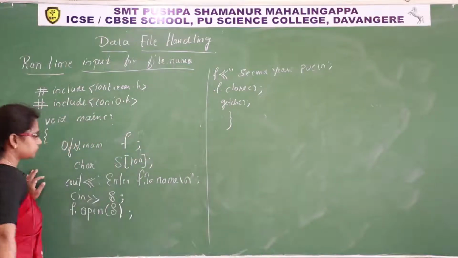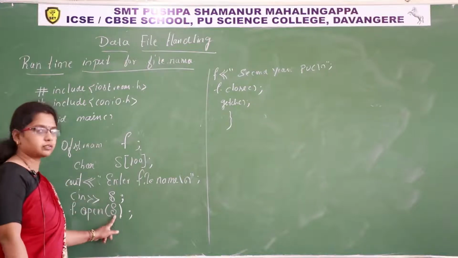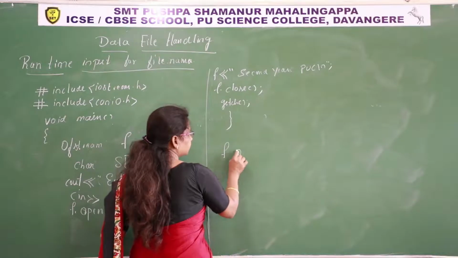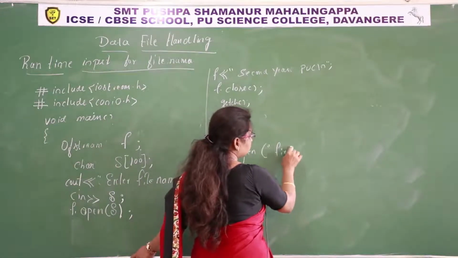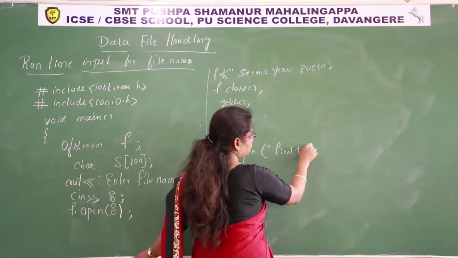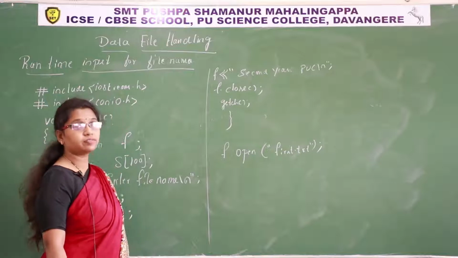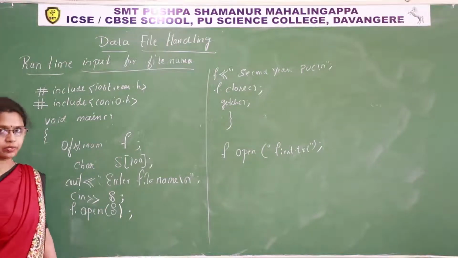See here, in the previous examples we had taken the file name directly. I hope you remember how we had taken it there. f dot open parenthesis, for example first dot txt, isn't it? Directly I had given the file name there. Instead of giving the file name in the program, let us give an option to the user as to which file he wants to open.